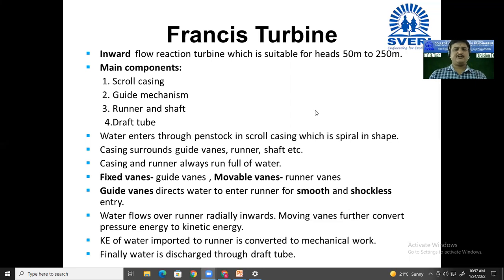Next point. Water flows over the runner radially inwards.